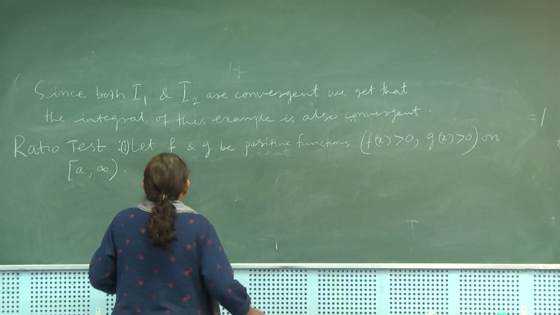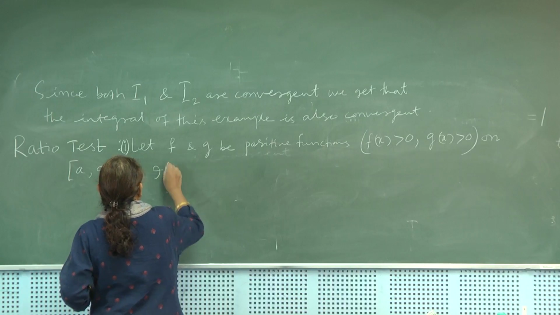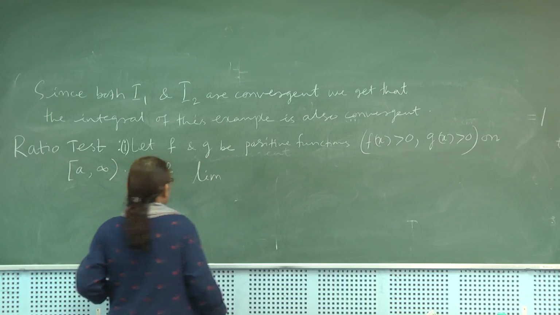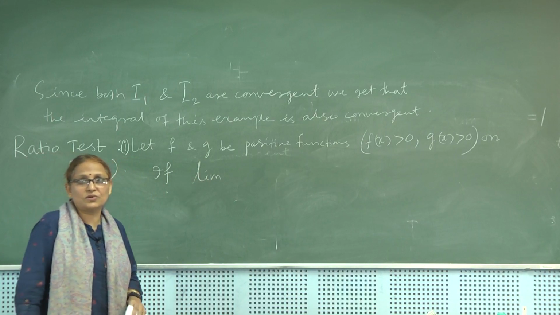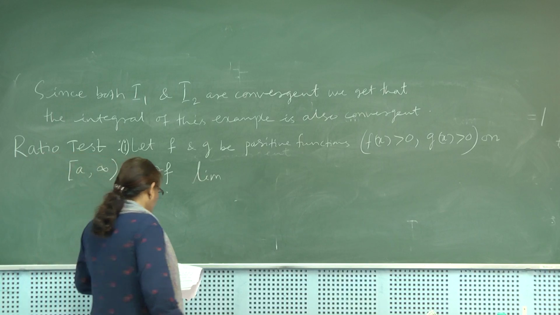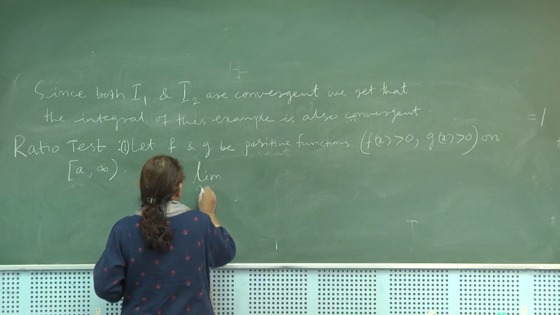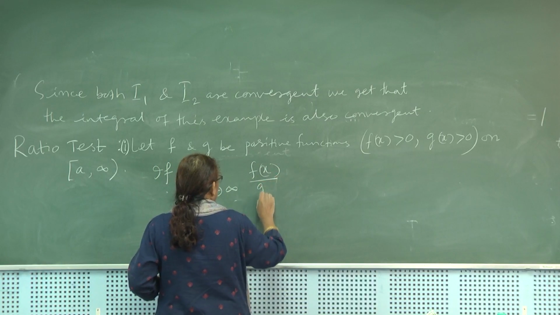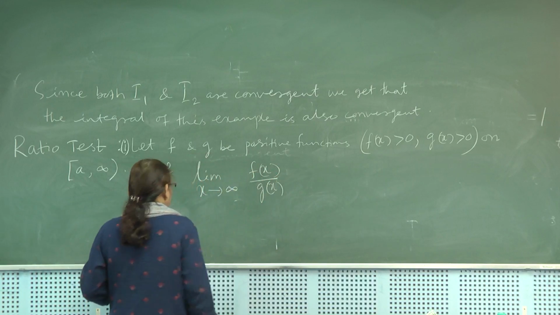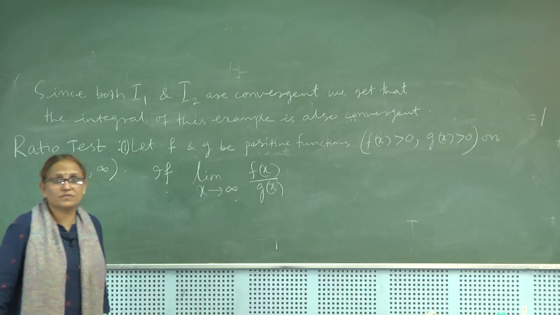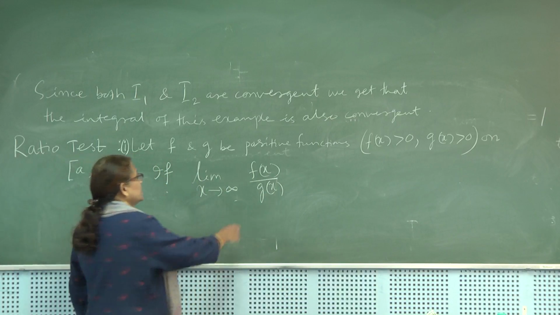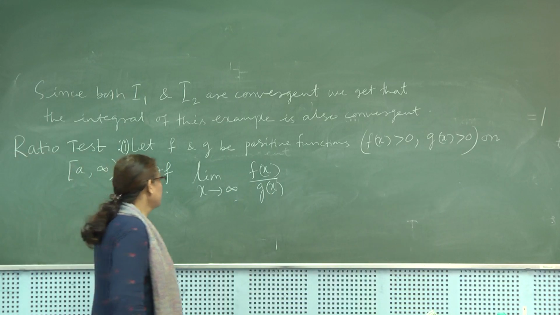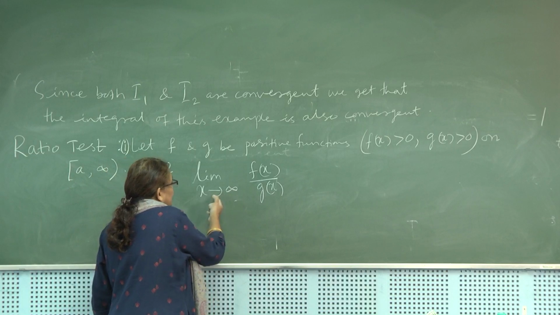And in this case, here we are considering convergence of a type 1 improper integral. So, we take the limit as x tends to infinity of f(x) by g(x). We consider the limit of this ratio f(x) by g(x) as x tends to infinity.